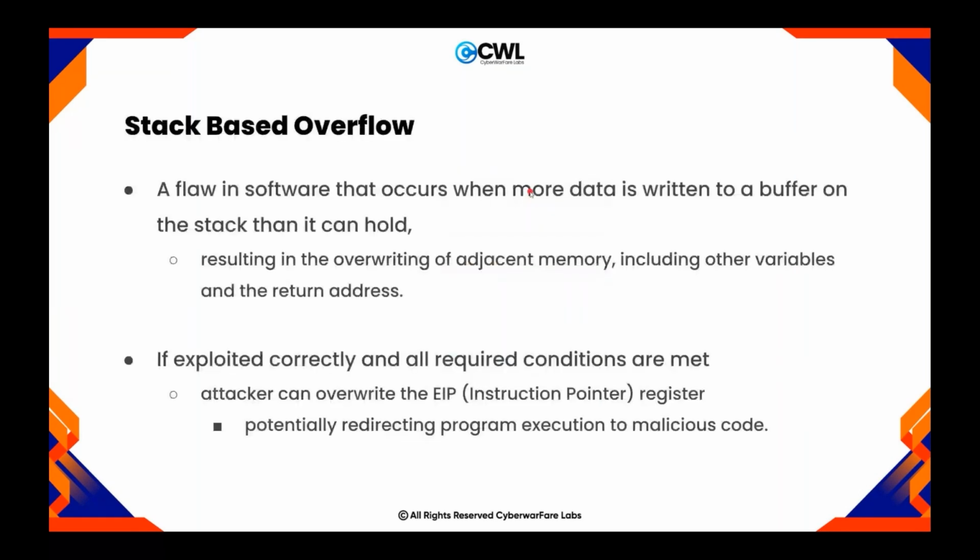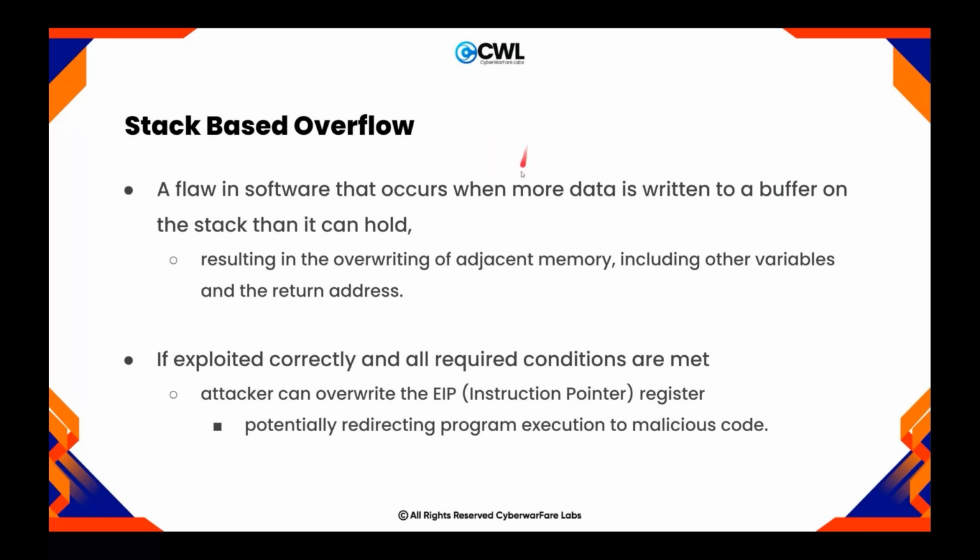Now let's talk about the stack based overflow again. It's a flaw in software that occurs when more data is written to the buffer than is actually allocated in the stack. So whenever we pass a huge amount of data, and let's say the allocated space in the stack cannot fit all that buffer, in such case it will overflow the adjacent memory regions.